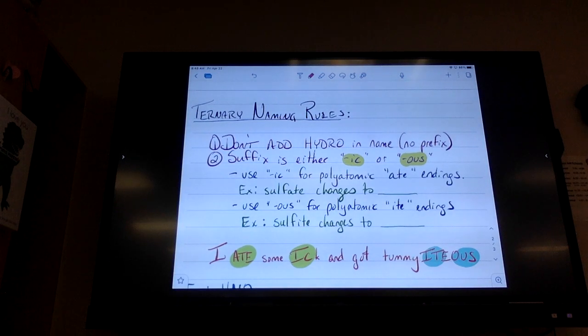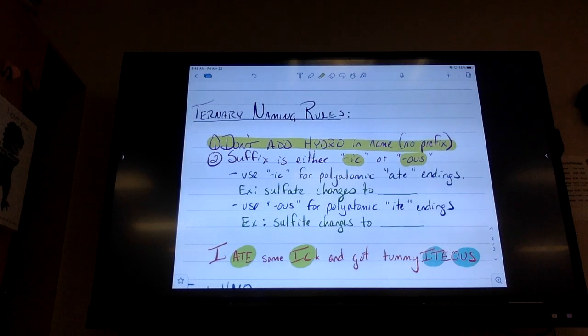This first bit. Don't add hydro in the name. That's obvious, but I really want to emphasize that to you, because what are you telling me if it's hydro? That it's binary, that it's only one other element.